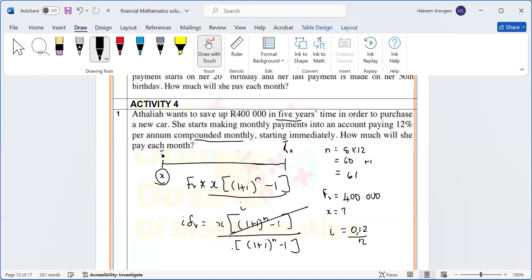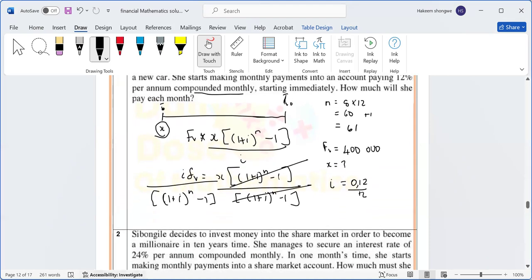And then on this side you're going to have 1 plus I to the power of N minus 1. And then from here, it's a matter of substituting. If you were to sub here, let's check what you are going to get.